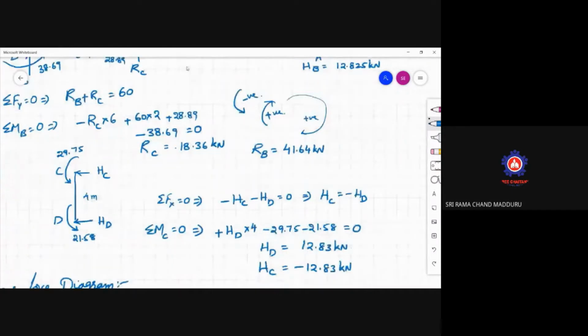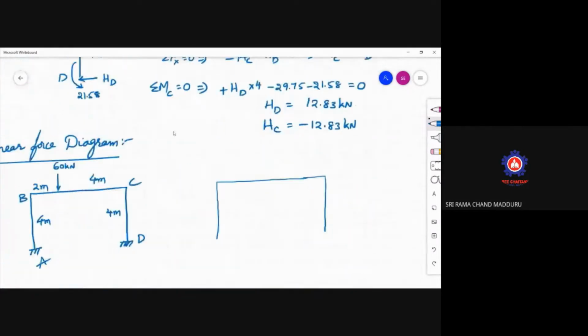If I do it like this, you get 12.825. This is the negative portion. Here also, just to change the color, this is 12.825 negative. And there is no loading in between in the AB portion.